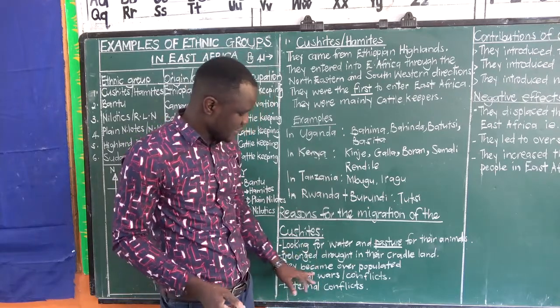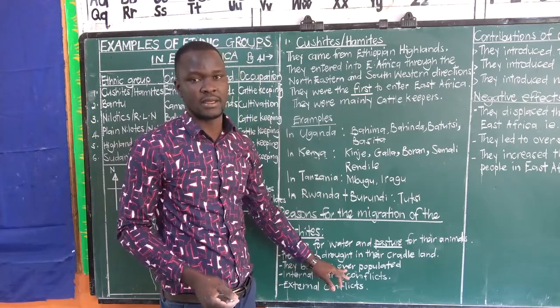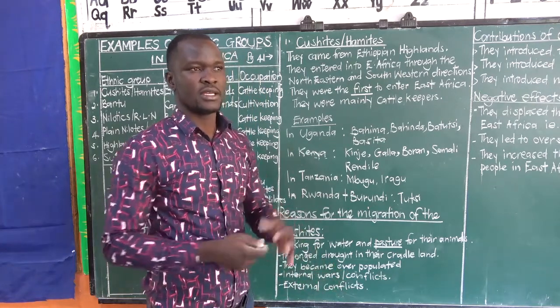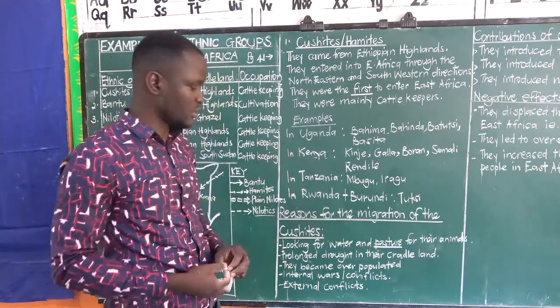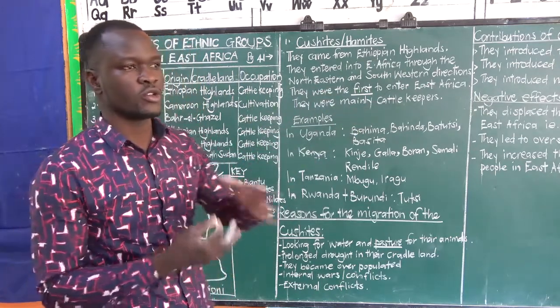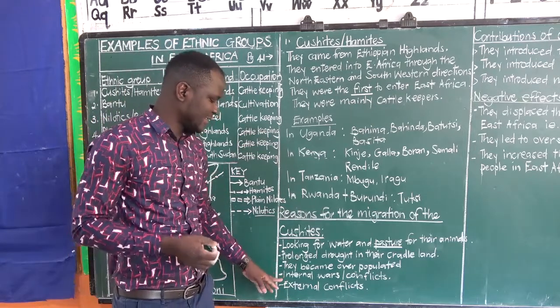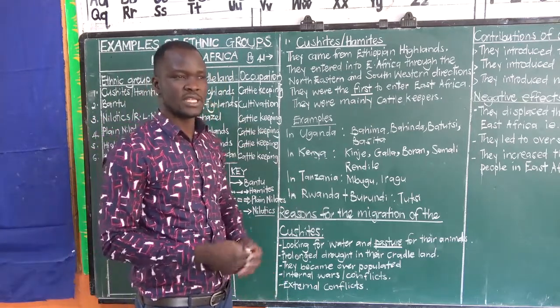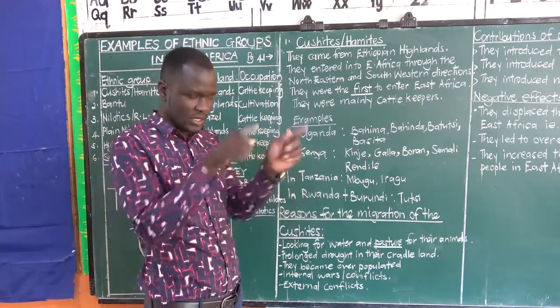And then we have this one saying these people became overpopulated, meaning those that were now lacking where to graze their cows or where to settle had to go looking for areas which were not occupied by the people. Then we had internal wars, that we say they would have internal misunderstandings within themselves.